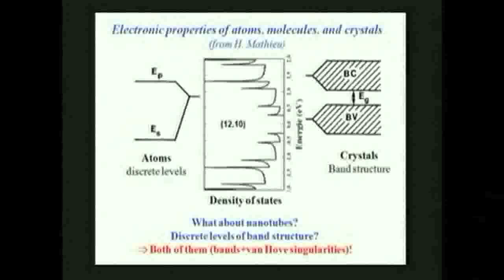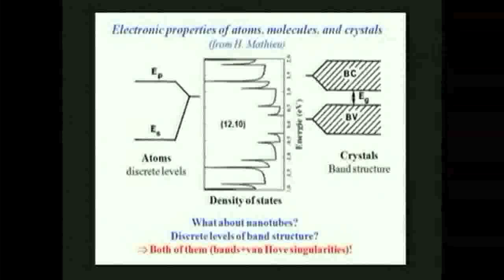Therefore, you find these discrete levels. So it's very practical, because chemists can say, hey, I find something I know. I find my molecular orbitals. And physicists say, hey, it looks like a band structure of a crystal. So everybody is happy, and everybody can understand the electronic properties of the nanotubes with respect to their topic.